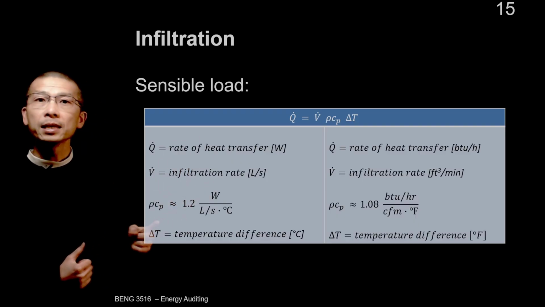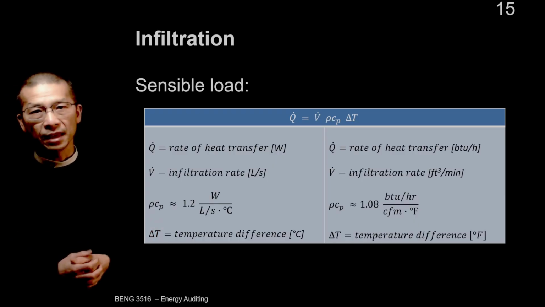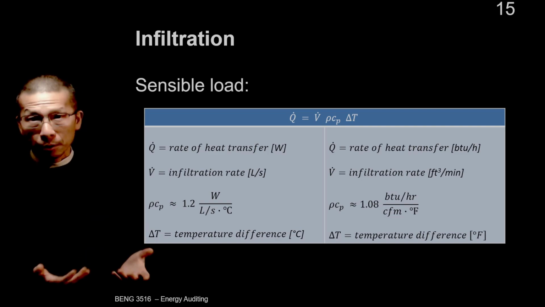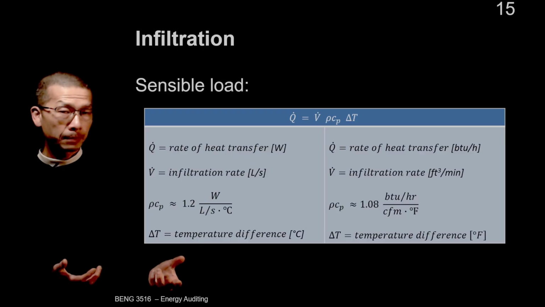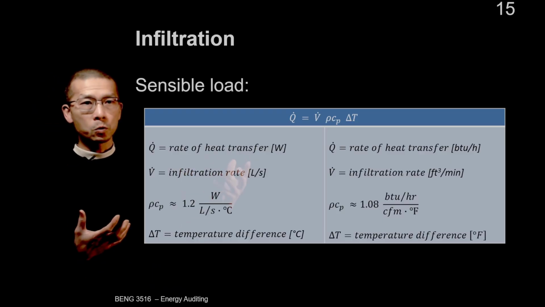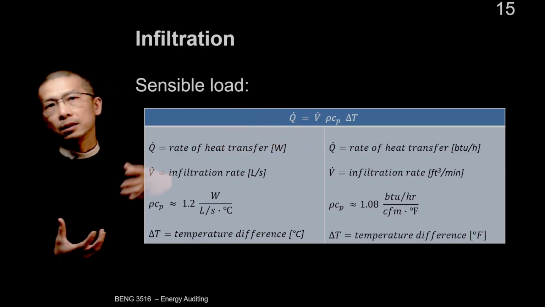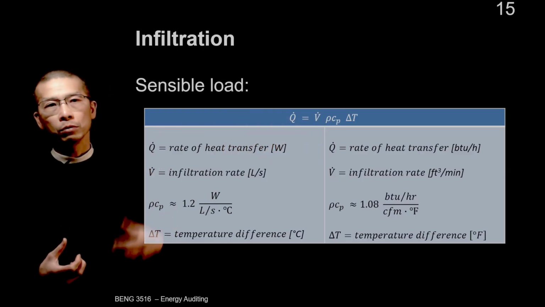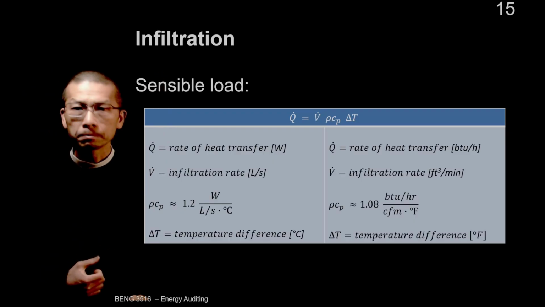Rho Cp is the density and specific heat, the properties of the air. And of course, delta T is the indoor-outdoor air temperature difference. Using this, you can estimate the rate of heat loss, or heat gain during the summertime, due to infiltration.